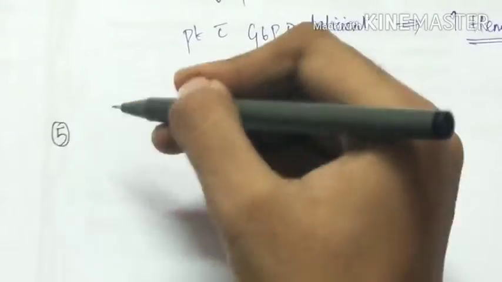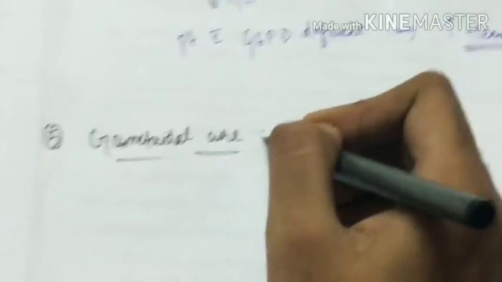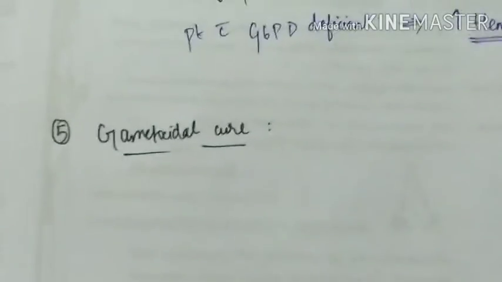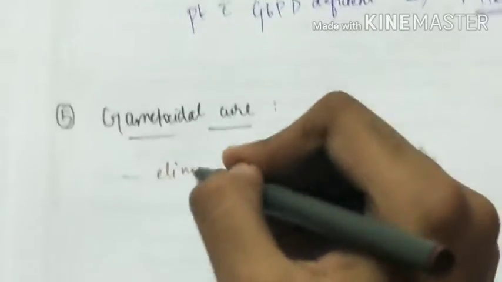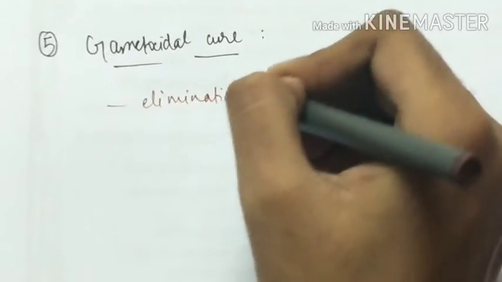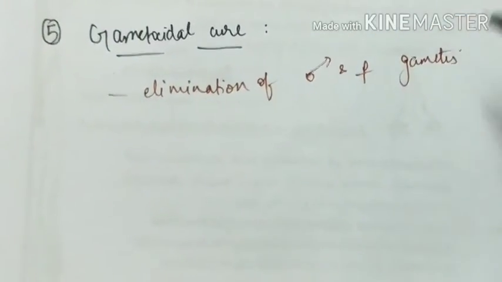Fifth is gametocidal cure. Killing the gametes. This involves elimination of male and female gametes from the body.